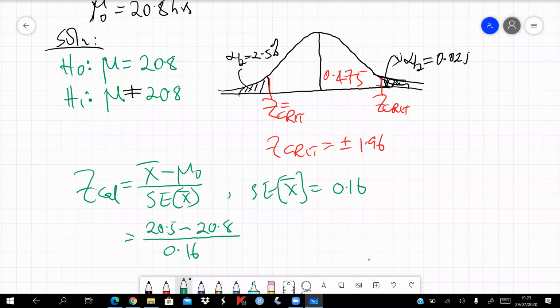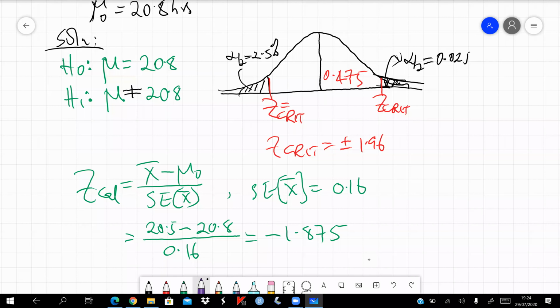So what is our Z calculated in this case? Minus 1.875. Once you get Z calculated, you check whether it is in the acceptance region or in the rejection region.